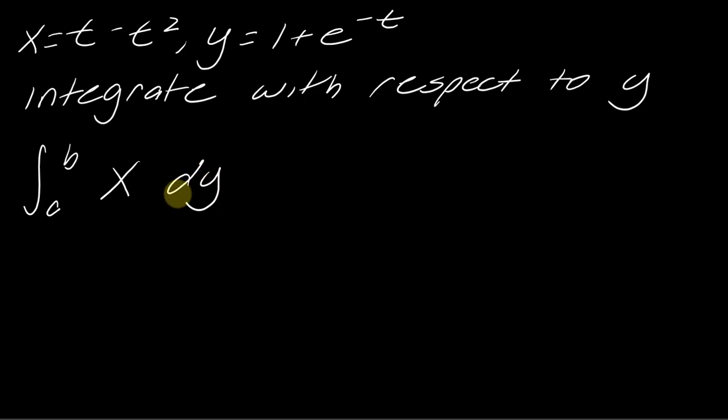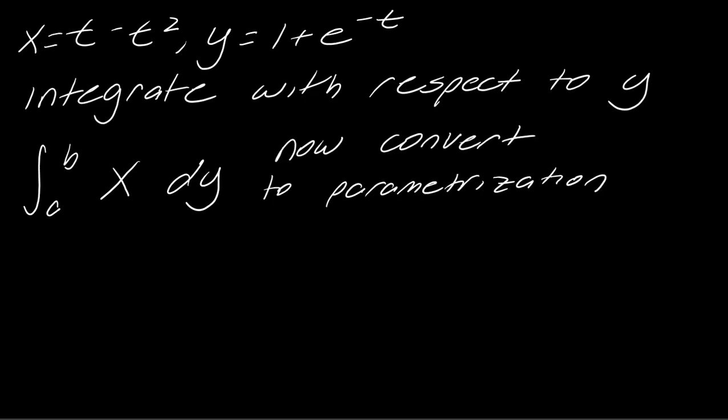If this were a normal Cartesian equation, this would be the setup here. Now, we have quite a bit more work to do because we need to convert everything to this parametrized curve. To convert everything to parametrization, the x part I have, right? That's this part of the curve right here, so I can convert this part to t pretty easily.